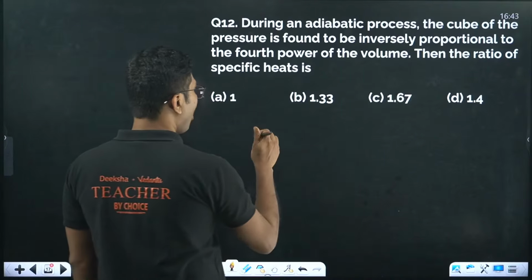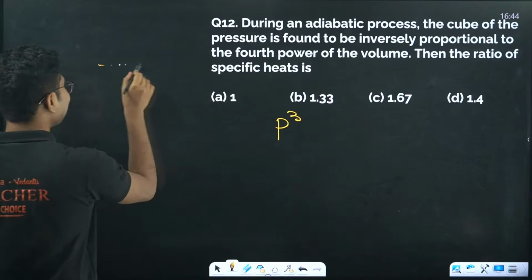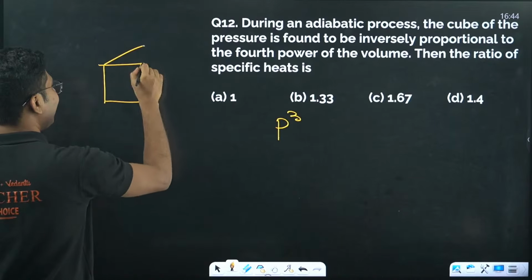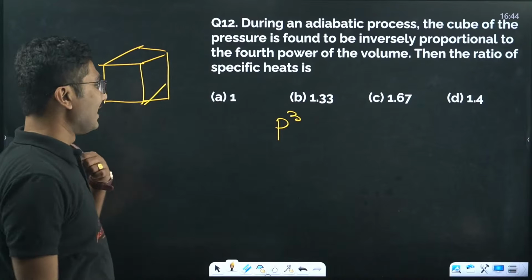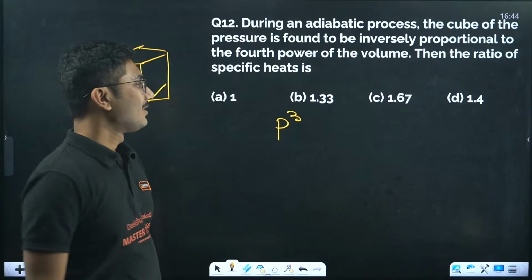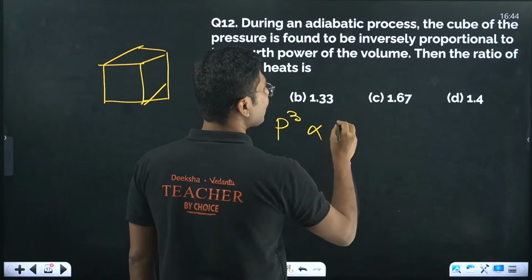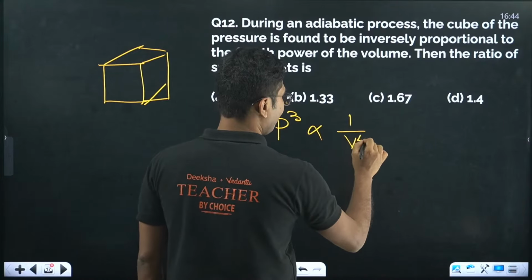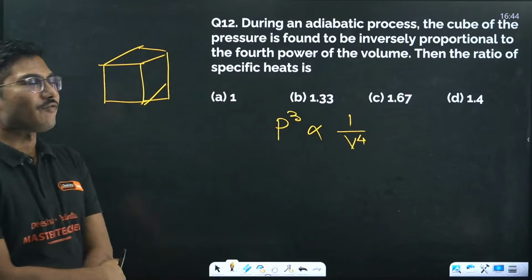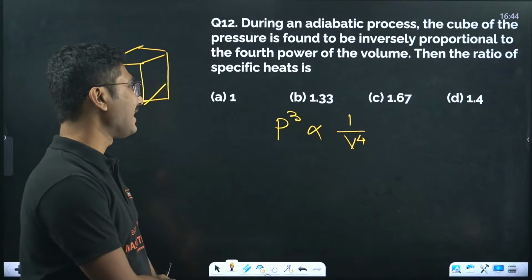Cube of pressure means not this cube, not a cubical shape. Cube means to the power 3. It is found to be inversely proportional to the 4th power of volume. This is what they found. Now they ask you the ratio of specific heat.